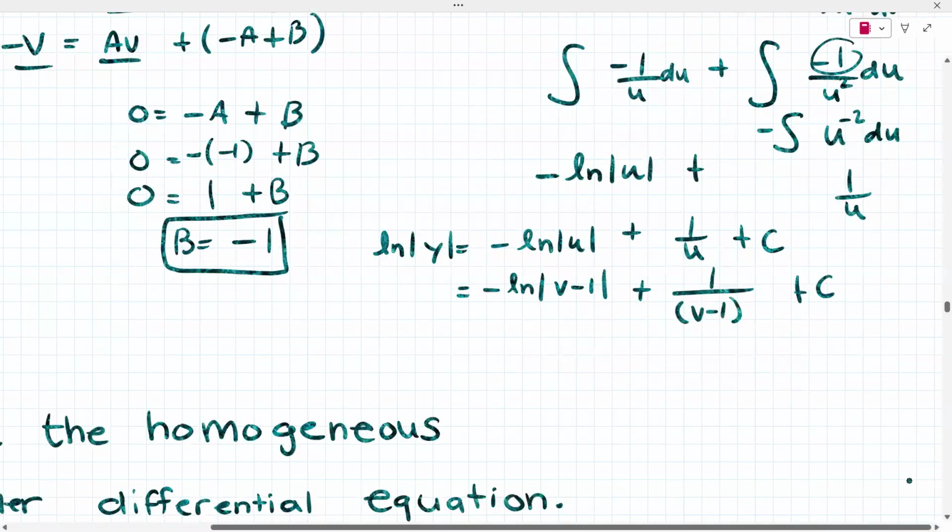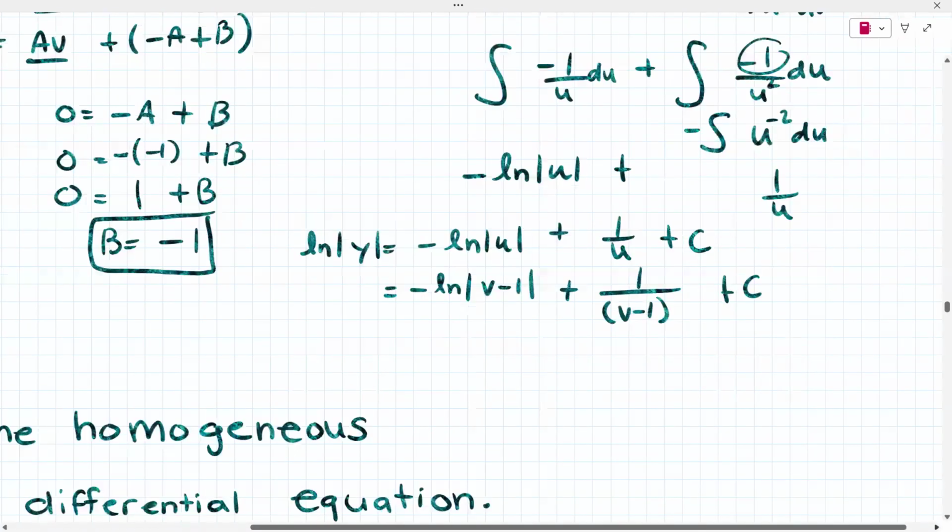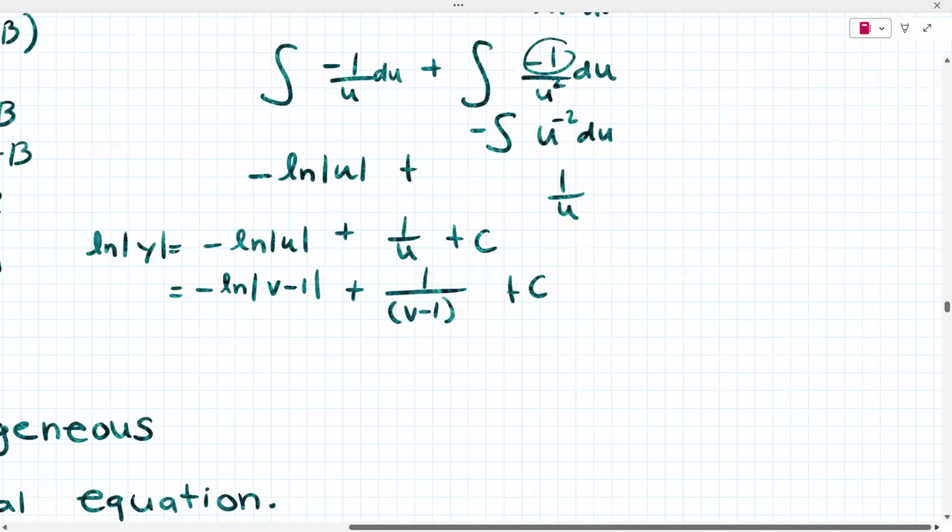And then here, I'm running out of space, so move it to the right. Then what you do is plug in your substitution. Our substitution was x equals vy. Thing is, we don't have an x, so you have to solve for y. I mean, solve for v, because we have v's. So your v is going to be x over y, right?